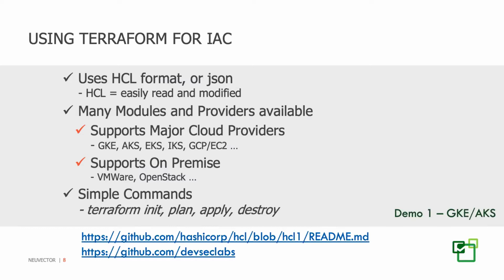So modules could incorporate 3 or 4 resources from the Google Cloud that you're bringing up, as well as other providers' resources that you want to add to it that are specific to the infrastructure that you want to deploy. There are hundreds of providers available on Terraform, and I think over 9,000 modules available that you can choose from. And then obviously you can customize those for your specific needs.